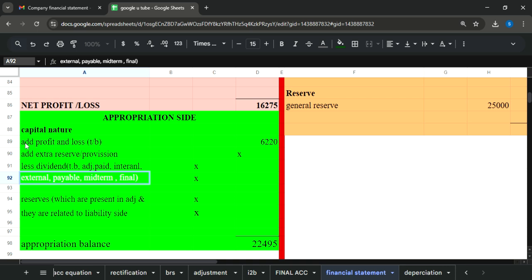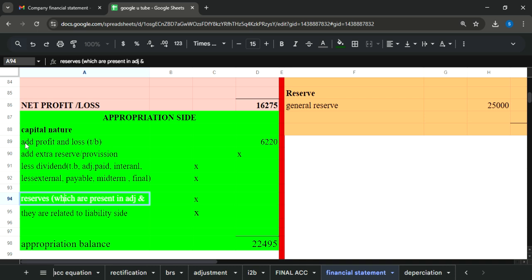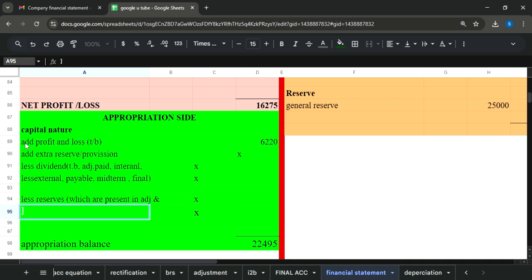So here, why am I writing everything? Because you will remember it. These reserves would also be subtracted, although these were not present in our question.